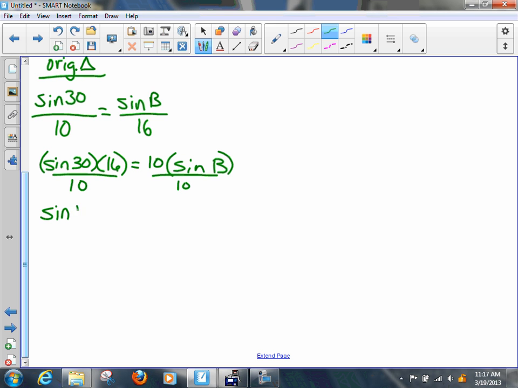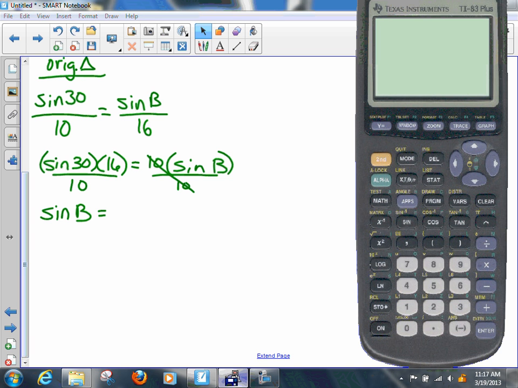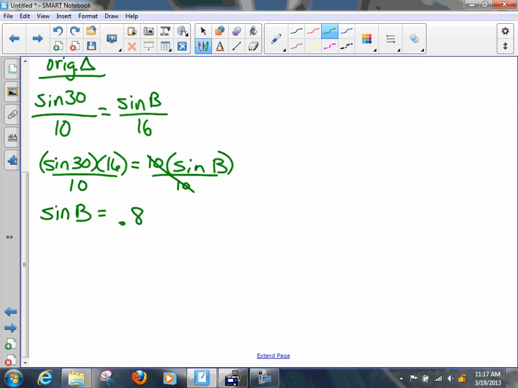And I'm going to rewrite this. I'm going to swap sides on you, okay? And I'm going to put sine of B is equal to, calculator. Zach, thank you. All right, so we've got sine of 30 times 16 is 8 divided by 10. So I've got 0.8. Sine of B is equal to 0.8. Do you guys agree with that?